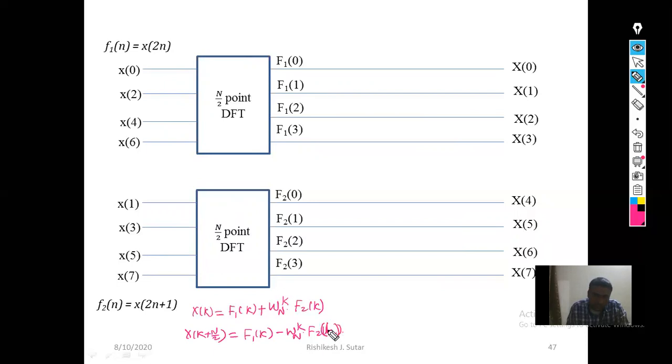So these are the expressions which we have seen in the previous slide.